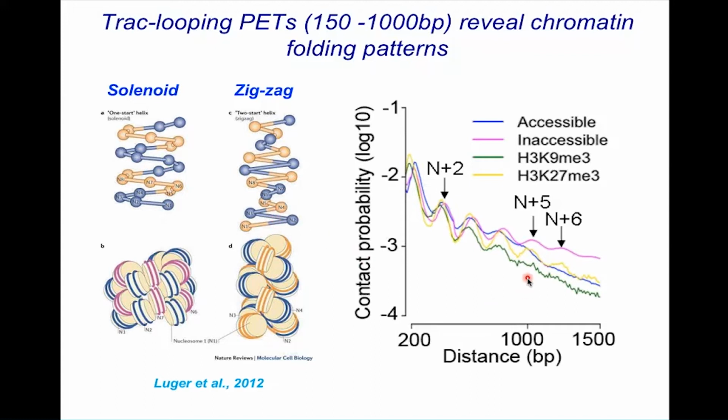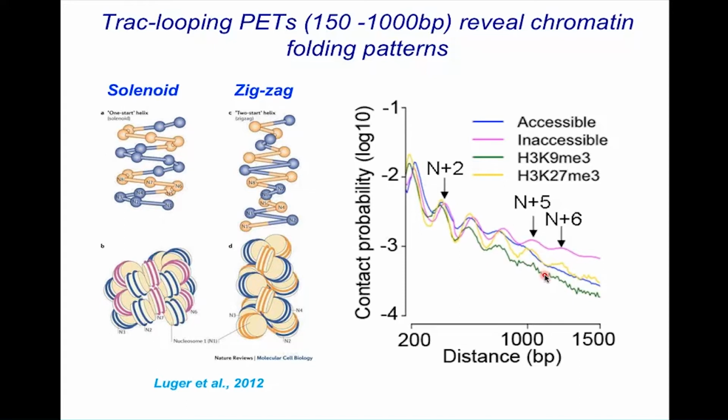But for the inaccessible regions, represented by the pink line, we detect peaks both at N+2 and also N+5 or 6, indicating the existence of both zigzag and solenoid patterns. But inaccessible chromatin regions can be associated with either H3K9 methylation or H3K27 methylation.